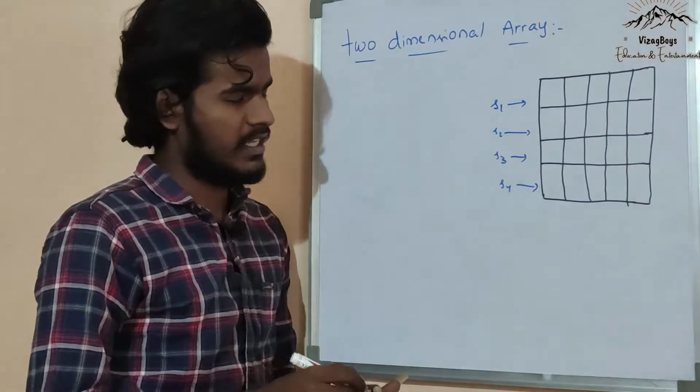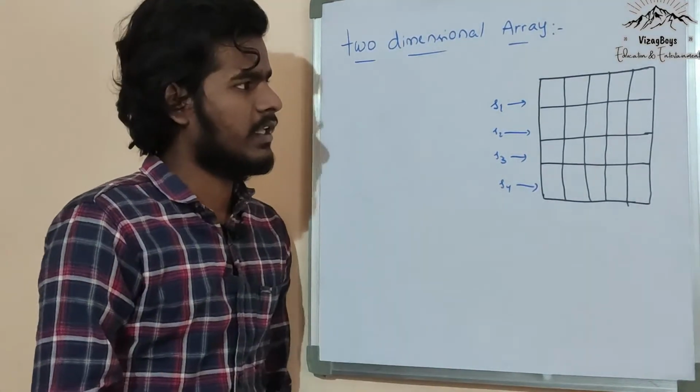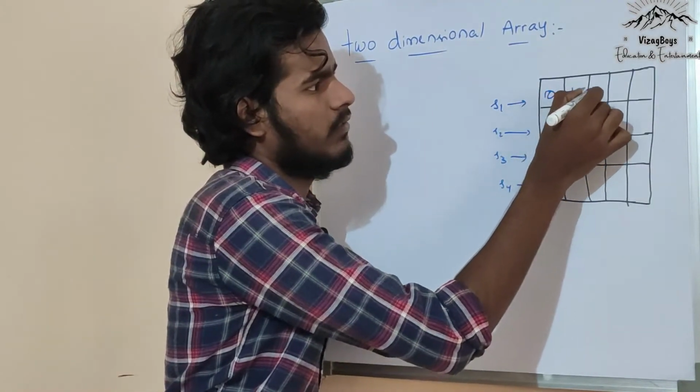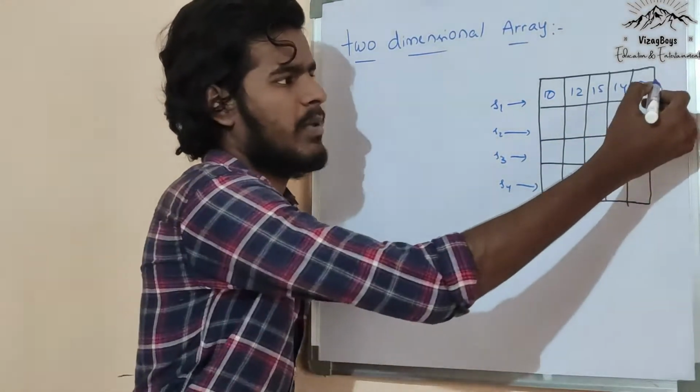Listen carefully. 4 rows and 5 columns. The first student's marks should be 10, 12, 15, 14, 13. This is the supplementary marks.